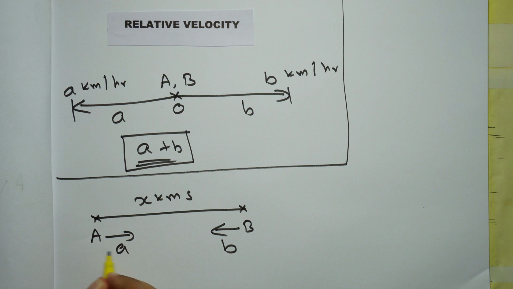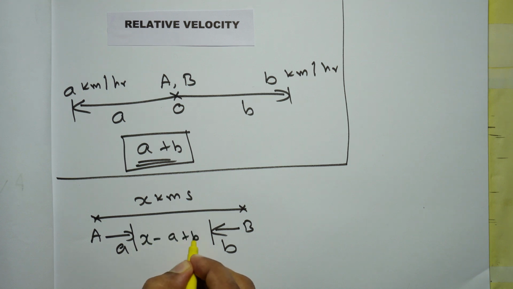A's speed is A kilometers per hour, so in 1 hour A will do A kilometers. B's speed is B kilometers per hour, so in 1 hour B will do B kilometers. So after 1 hour the distance will become x minus (A plus B). Initially it was x, after 1 hour it has become x minus (A plus B). That is, they have got closer by A plus B kilometers per hour.